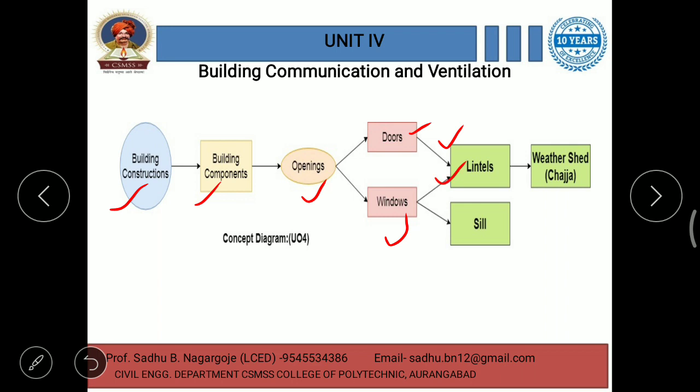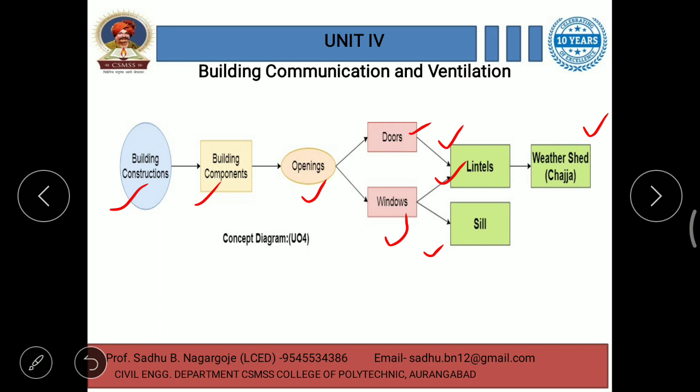And sills are provided at the bottom of windows. Sills are provided only for the windows, and they are always provided at the bottom of the window. And the lintels are also termed as weather shade or chhajja.